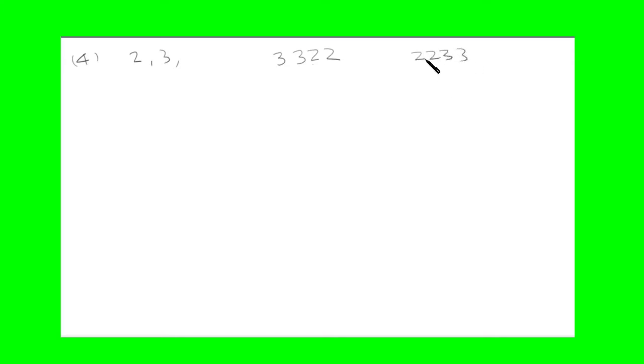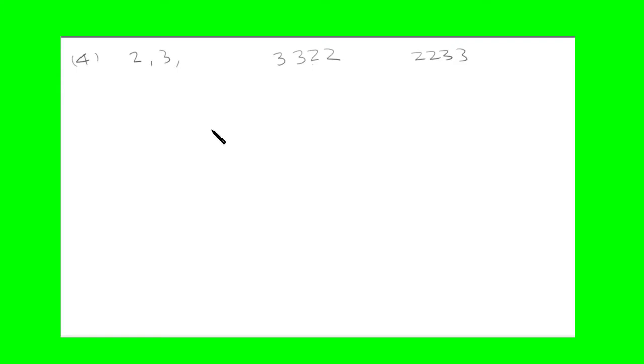We use 2 at the thousands place, 2 again at the hundreds place, 3 at the tens place, and 3 at the ones place. So we have used these 2 digits to find the greatest and the smallest.